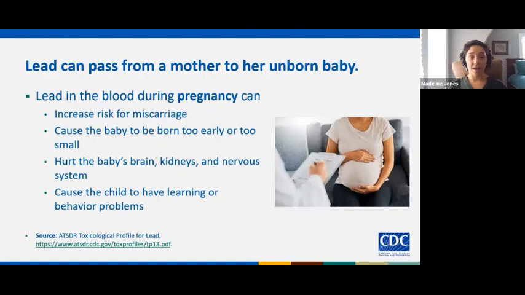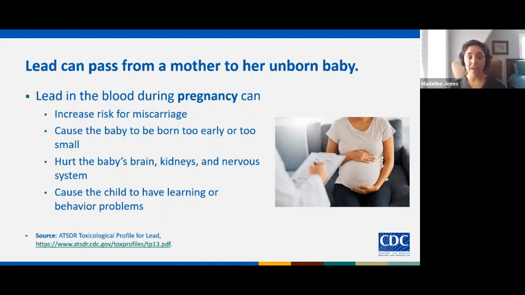Women who are pregnant are also at a higher risk for lead exposure. If a woman is exposed to lead during her pregnancy, her developing baby can also be exposed. Lead in the blood during pregnancy can increase the risk for miscarriage, cause the baby to be born too early or too small, hurt the baby's brain, kidneys, and nervous system, and cause the child to have learning or behavior problems.